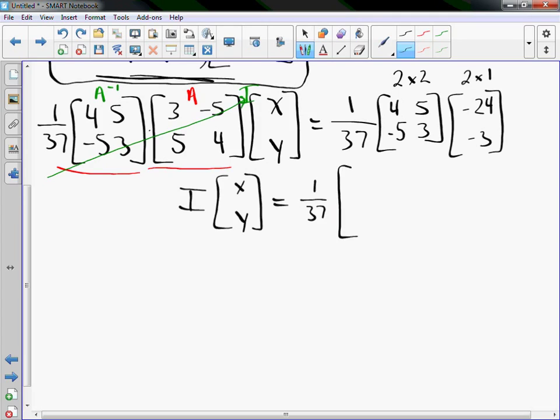So row 1 times column 1, 4 times negative 24, and then plus 5 times negative 3. Okay, that's row 1, column 1. Now row 2, column 1. Negative 5 times negative 24, plus 3 times negative 3.